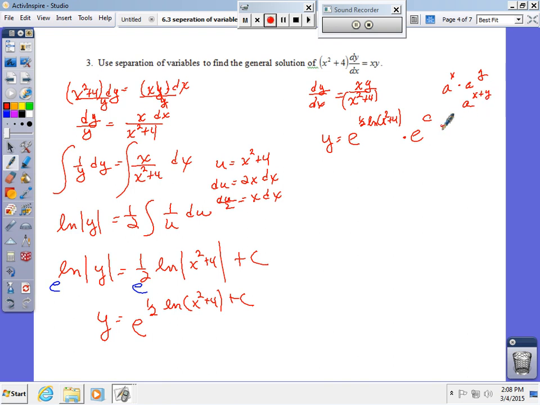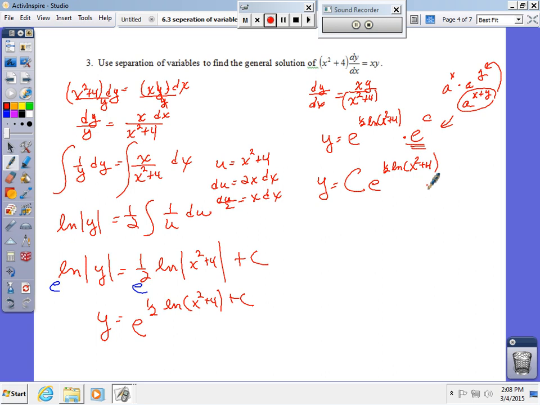So what we're doing in this step is we're going from here back into this. All right, so y is going to be equal to, that's a constant, so it's going to be c, and e raised to the 1/2 ln of x squared plus 4.